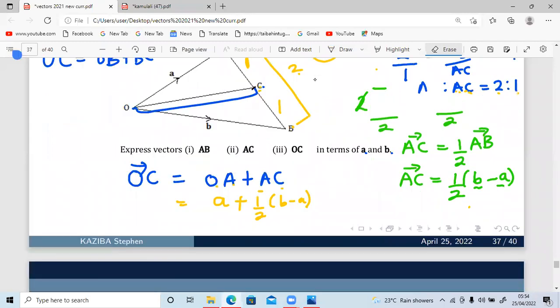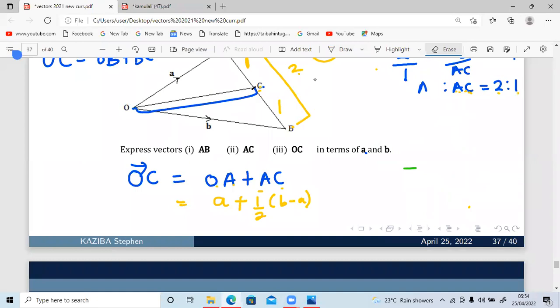So I can reduce this and say, this is the same as A plus, I open brackets, a half B minus a half of A. So what will I have? I have A, minus a half A, then plus a half of B.